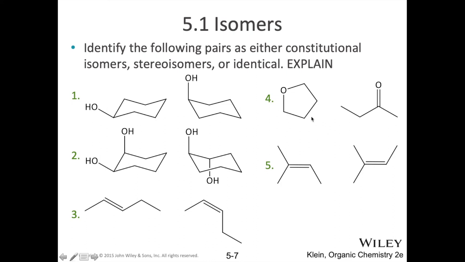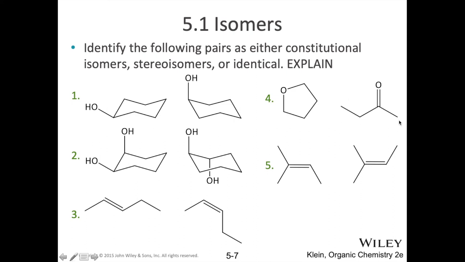Now let's look at these 2. Here we have 1, 2, 3, 4 carbons and an oxygen, so the molecular formula of this would be C4H8O. If we look at this molecule here, we have 1, 2, 3, 4 carbons. There's 3 hydrogens here, no hydrogens here, 2 hydrogens here and another 3 here.